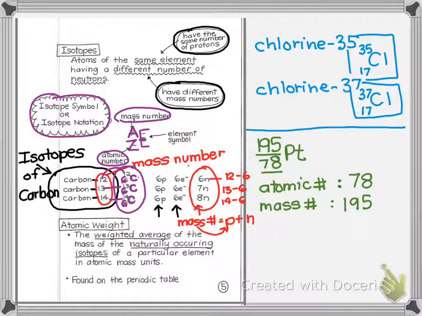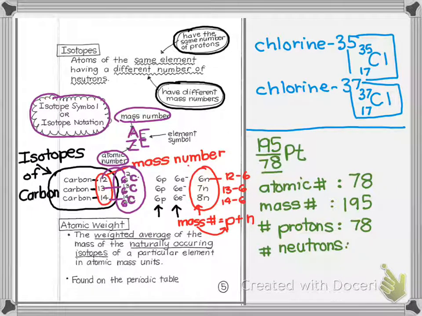Now, let's say I want to know how many of each of the subatomic particles. So let's say I want to know the number of protons. Well, I know that the atomic number and the number of protons are equal. So if the atomic number is 78, then this also has to be 78. Now, if I want to know the number of neutrons, when you know the mass number, I'll do this underneath, maybe I'll change color.